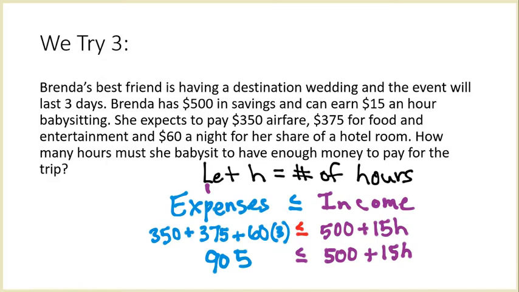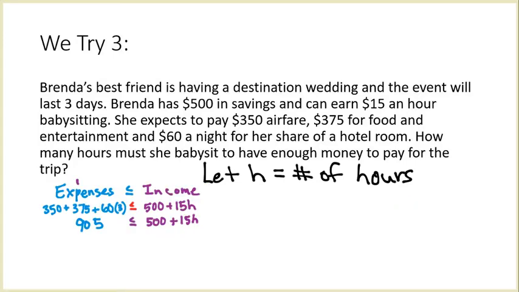So I'm going to subtract 500 from both sides. And I'll get $405 is less than or equal to our 15H.